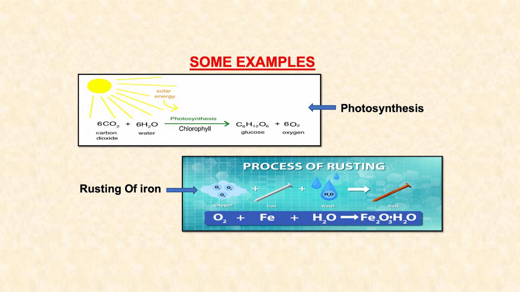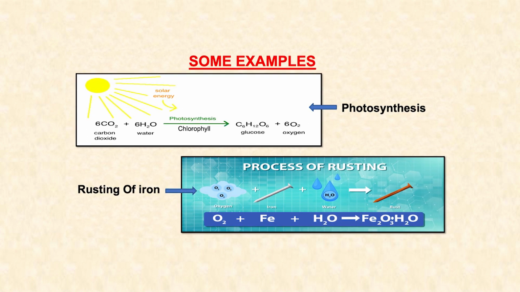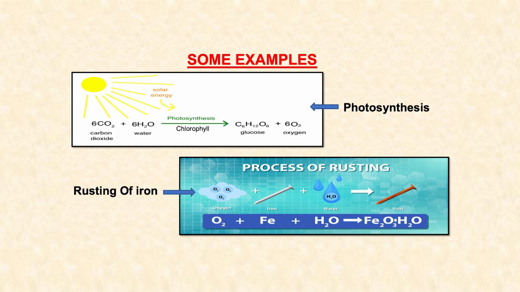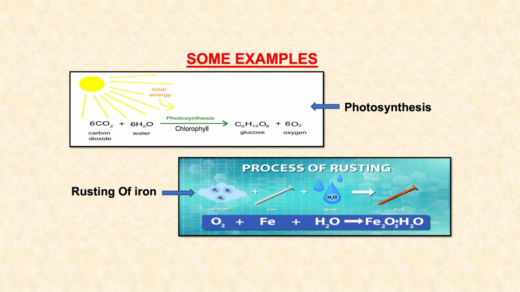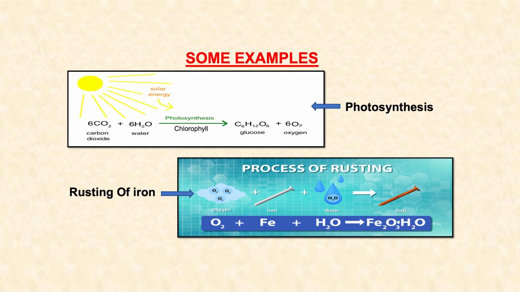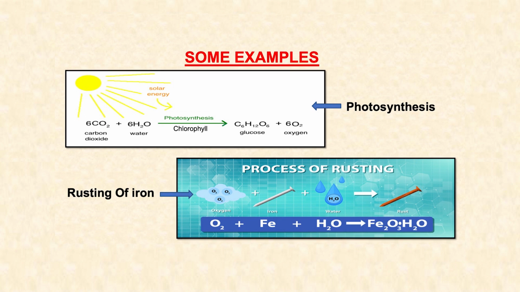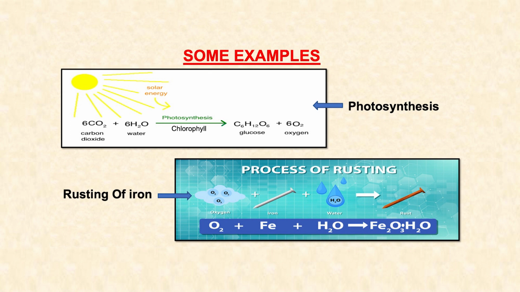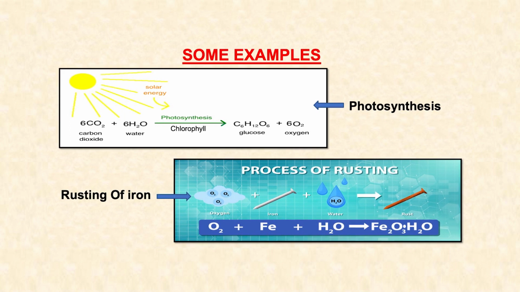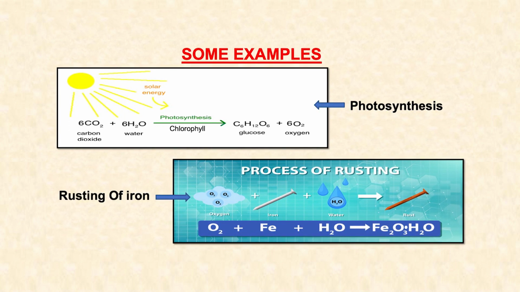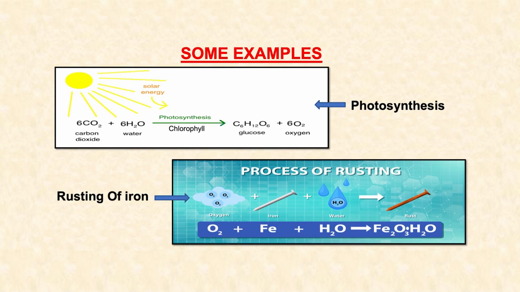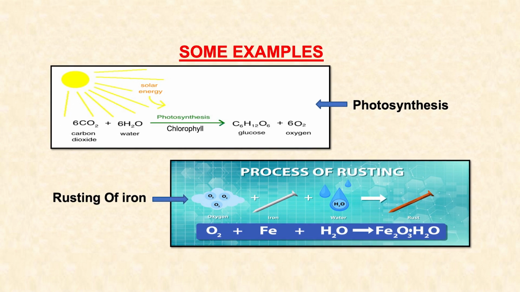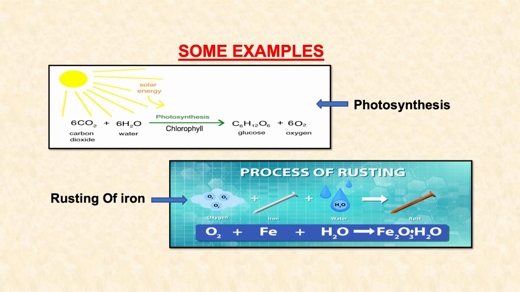During photosynthesis, carbon dioxide and water are the reactants that combine using the solar energy and form new products that are glucose and oxygen. Now, try to identify reactants and products in rusting of iron. Absolutely correct. During rusting of iron, reactants are iron and moist oxygen, while the products formed are water and iron oxide, commonly known as rust.